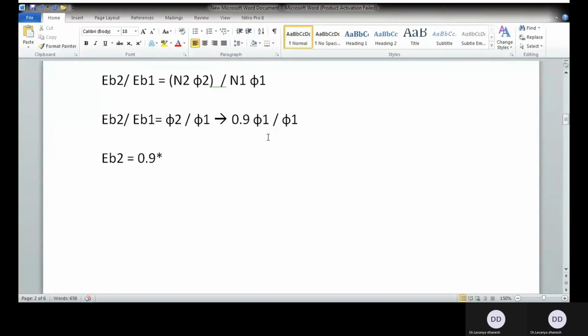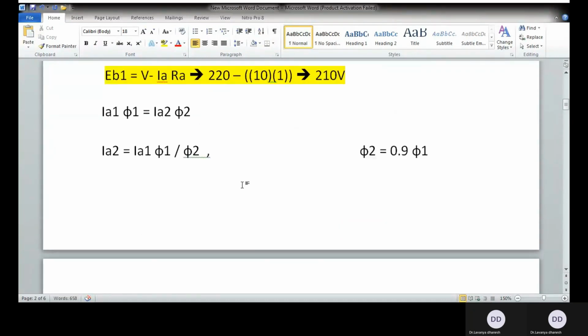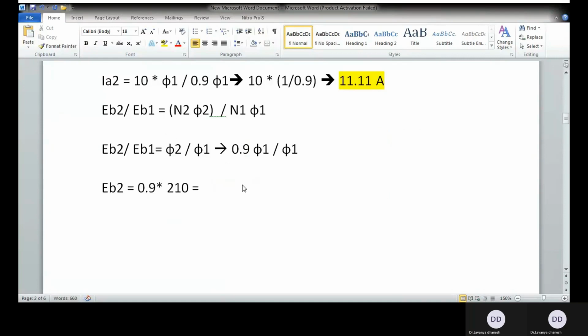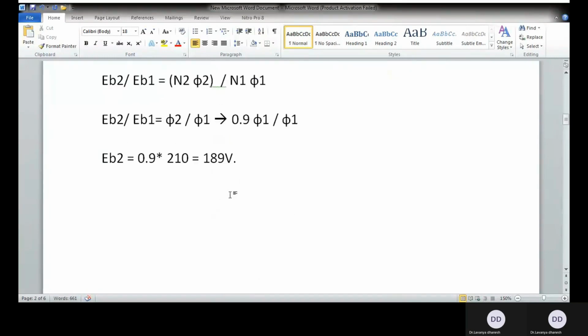So 0.9 into 210. So when you substitute this value, you'll be getting the answer as 189 volts. So 189 volts we are getting for EB2.